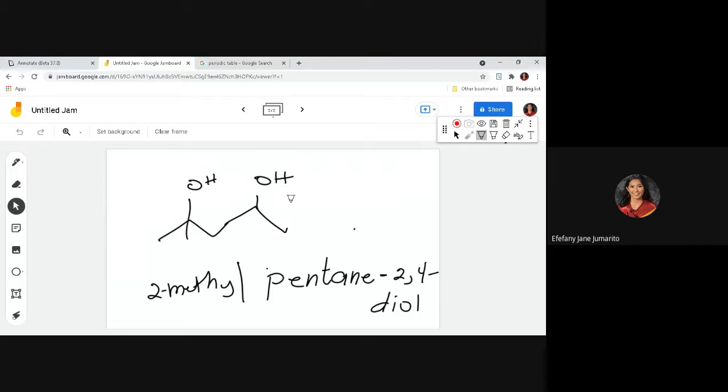We have 2-methyl pentane 2,4-diol. Correct?